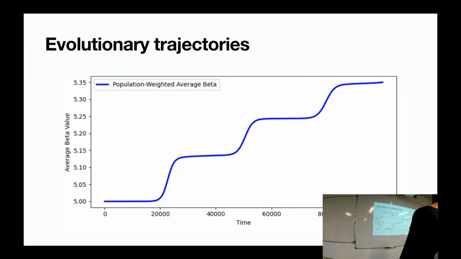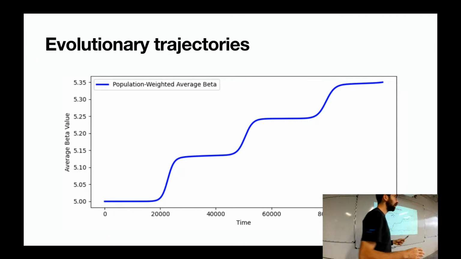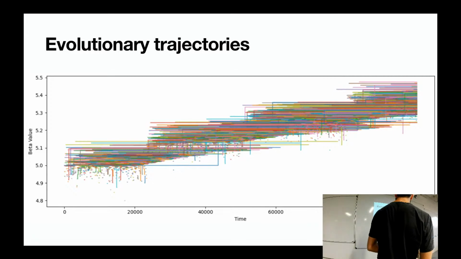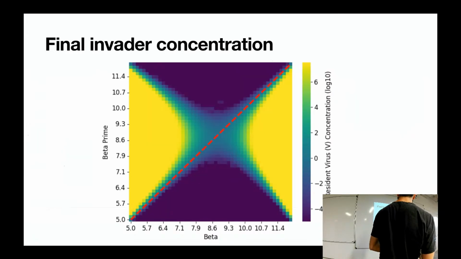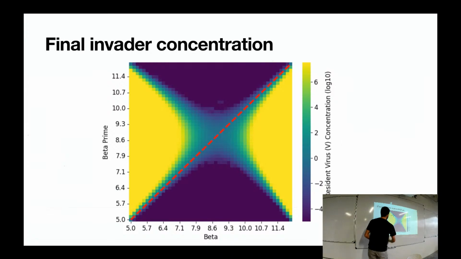Now, I will not give you the full-blown derivation of that, but we can try to think about this starting from this thing here. So suppose that we have a mutation.